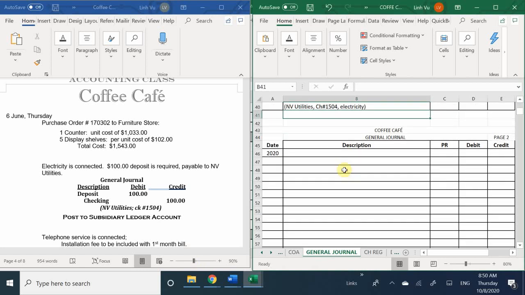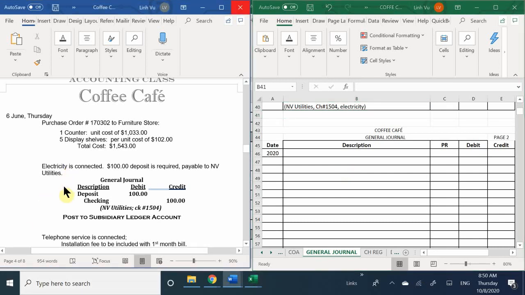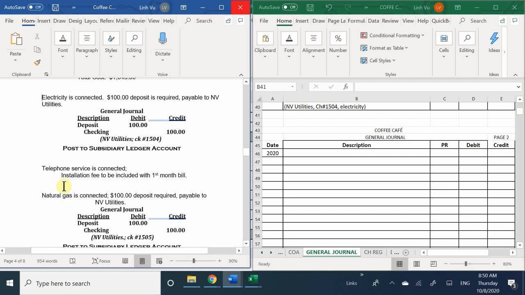Okay, so now that that transaction was completed, what happened next? Be included with 1 month bill.